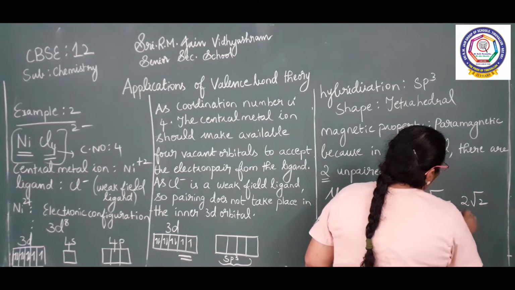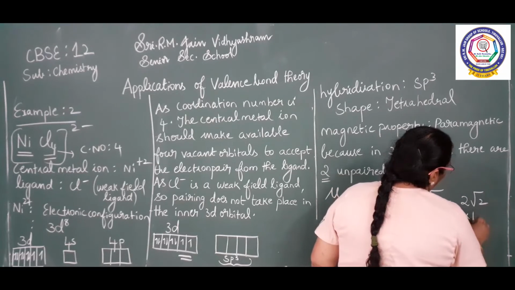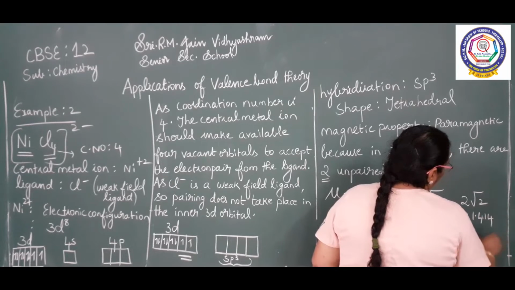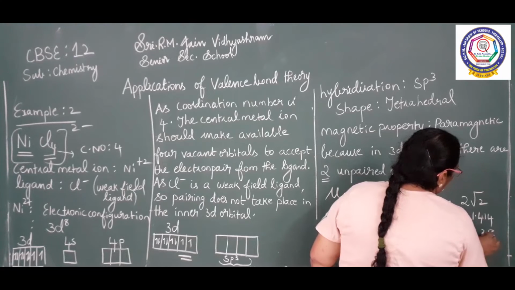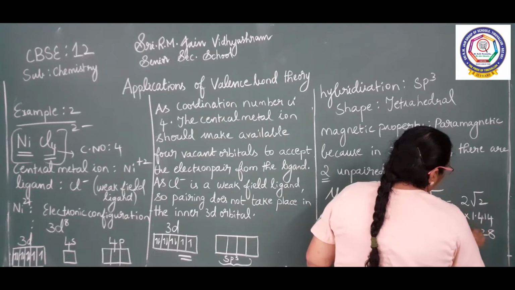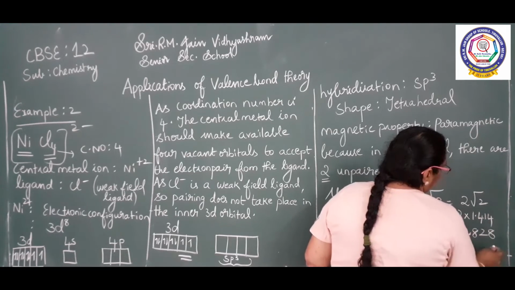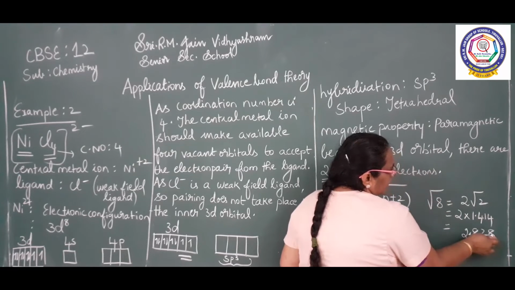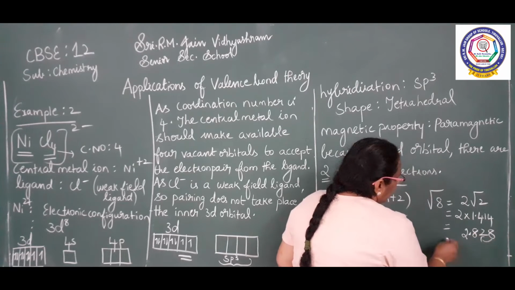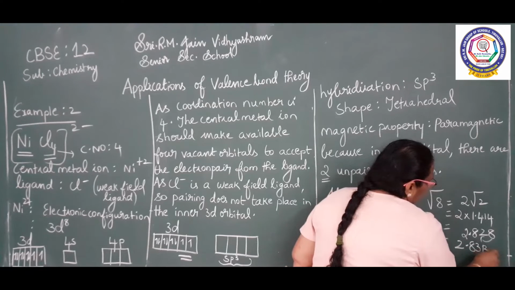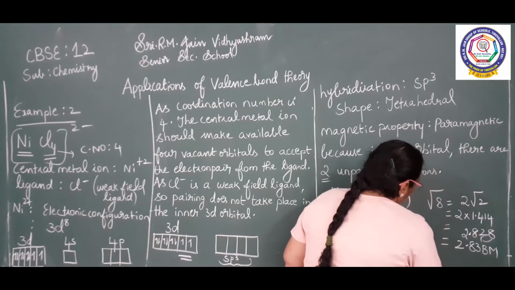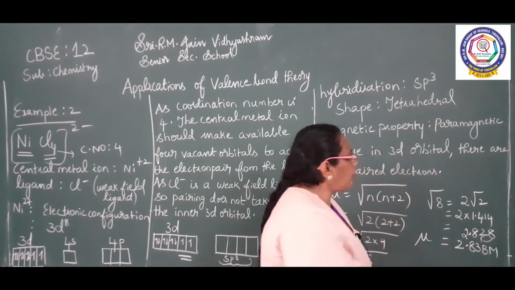That is equal to 2 into 1.414, the value of root 2. 2 4s are 8, 2 1s are 2. When you see the third digit is more than 5, you add 1 to the previous digit. What is the value? 2.83 Bohr magneton.